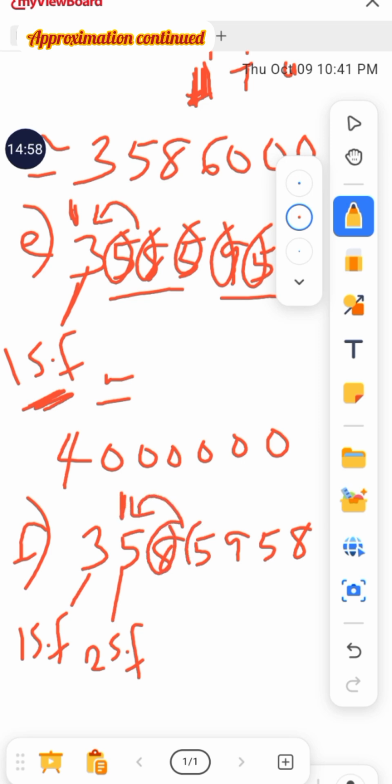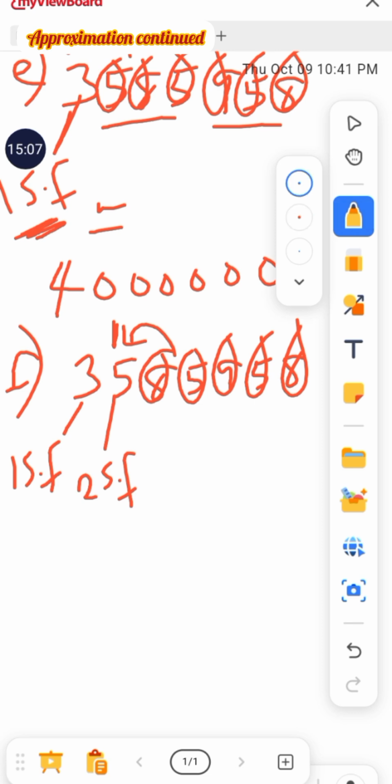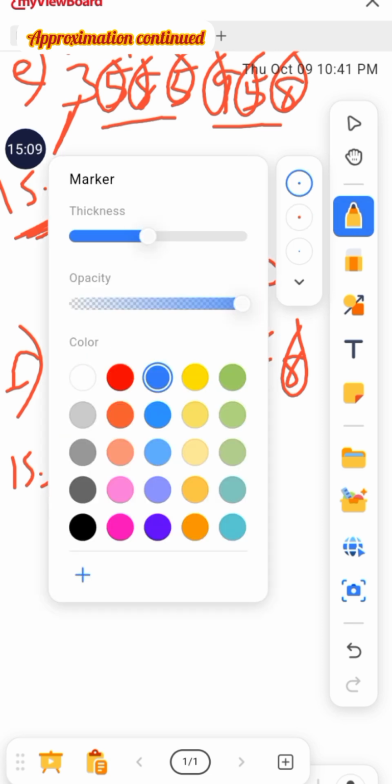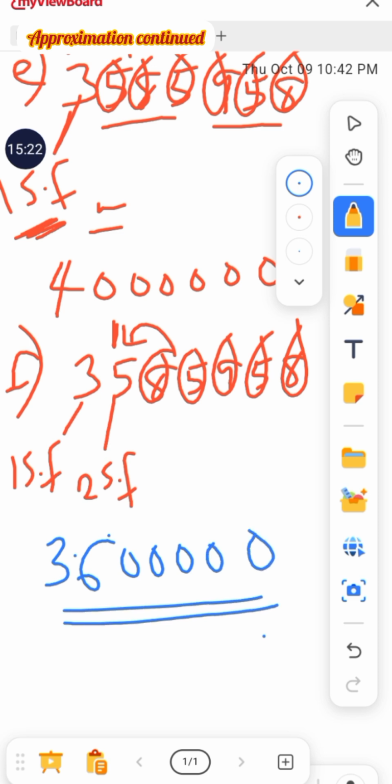So you had 0, 0, 0, 0, 0. Then you are able to write your answer. Okay, so our final answer will be 3, 5 plus 1 is 6. Then 0, 0, 0, 0, 0. And that's our final answer for two significant figures.